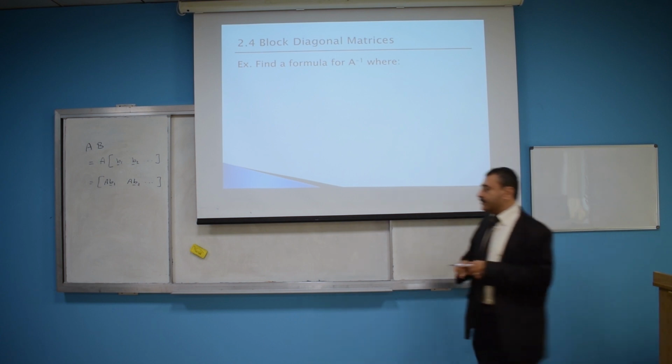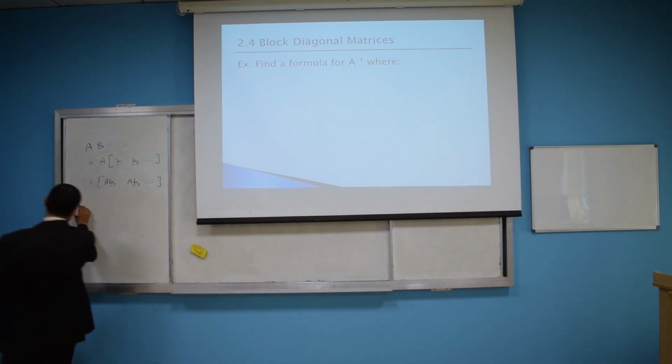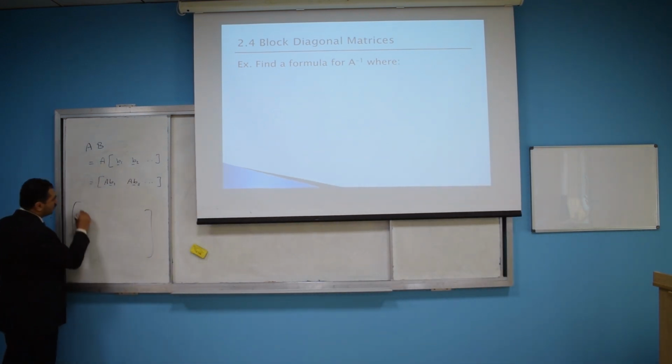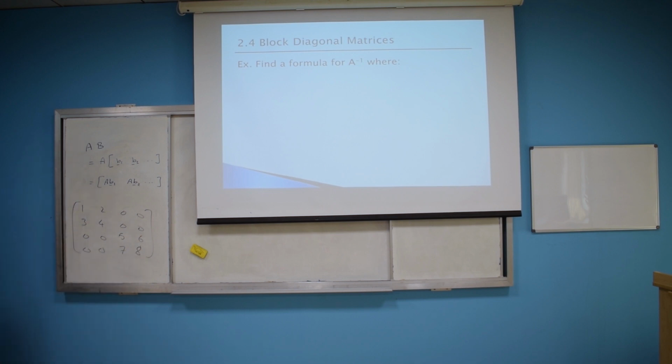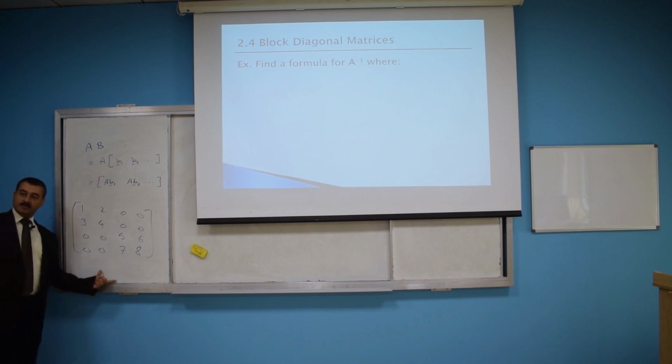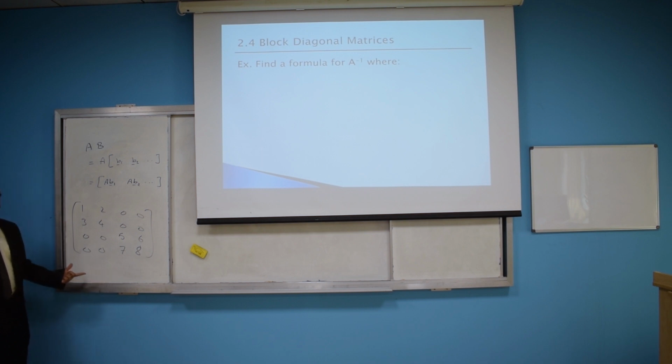Say I have a matrix like this. If you look at this matrix, it's not a diagonal matrix. Right? This is not diagonal.